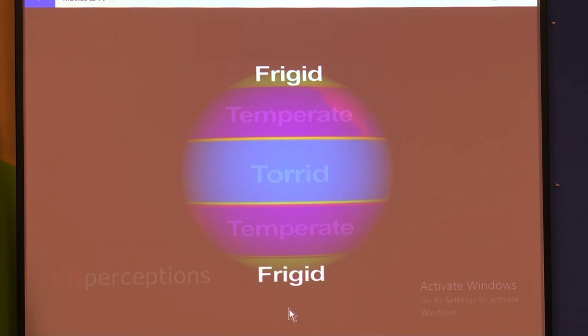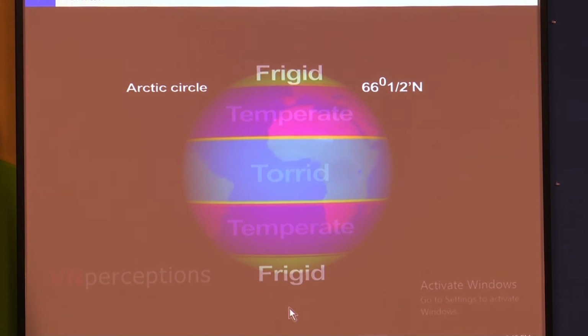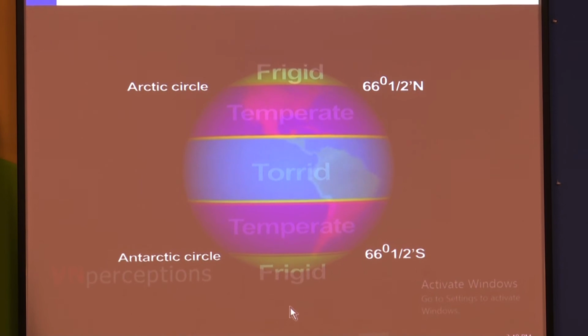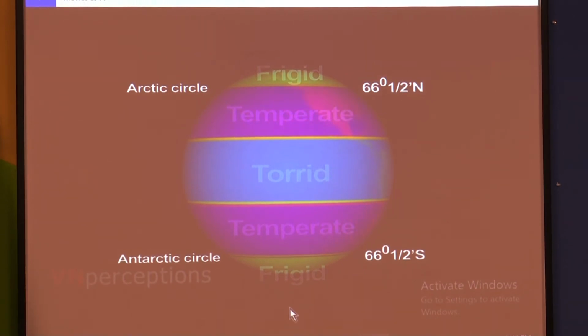Next one is the Frigid Zone. Frigid Zone in the northern hemisphere lies beyond the Arctic Circle, and in the southern hemisphere it lies beyond the Antarctic Circle. The rays of the sun in these regions are slanting, so it is very cold throughout the year.